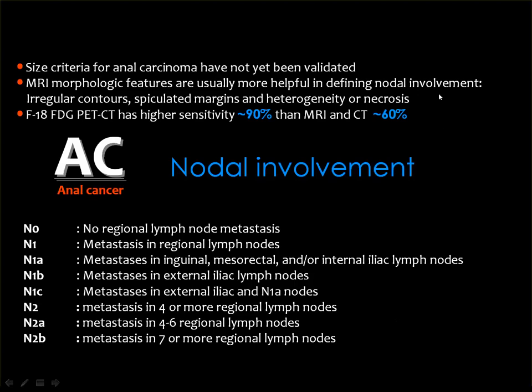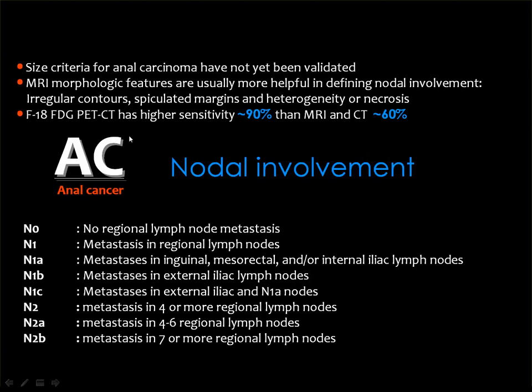Then the nodal criteria are relatively established for the rectal cancer, but they are not yet established for the anal cancer. And the reliability is on the MRI features of the affected nodes, including the irregular contour, the speculated margin, and the heterogeneity or the presence of internal necrosis.